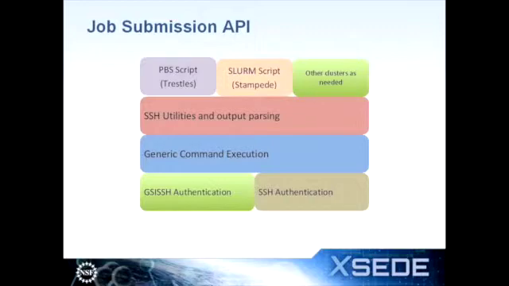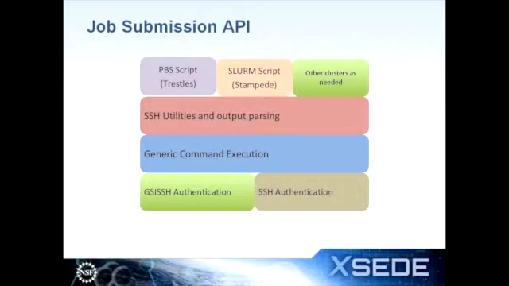And with GSI-SSH, you can use MyProxy credentials with certificate paths and so on. On top of this authentication layer, we came up with a generic way to execute commands on a remote machine. Once you authenticate, you can say, I want to run this particular command, and I want to get the output of this command. So it consists of two components.